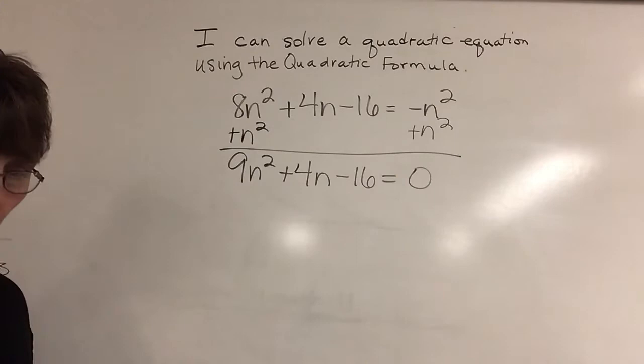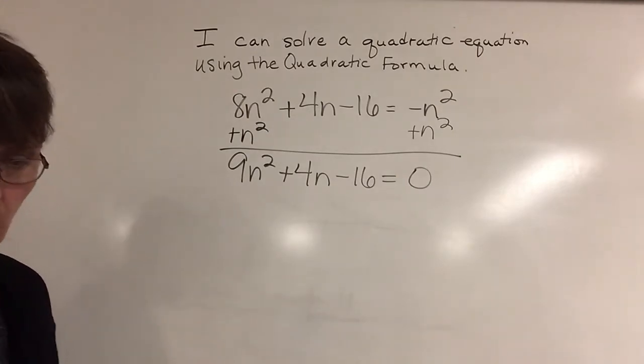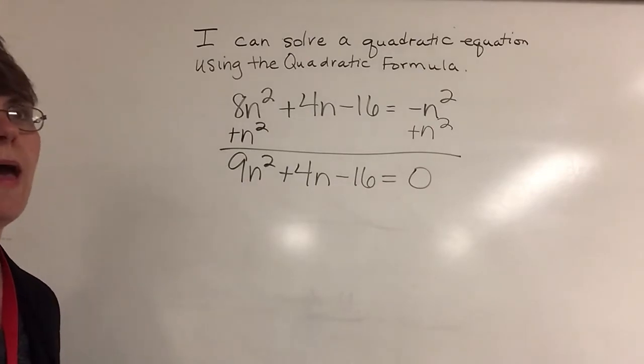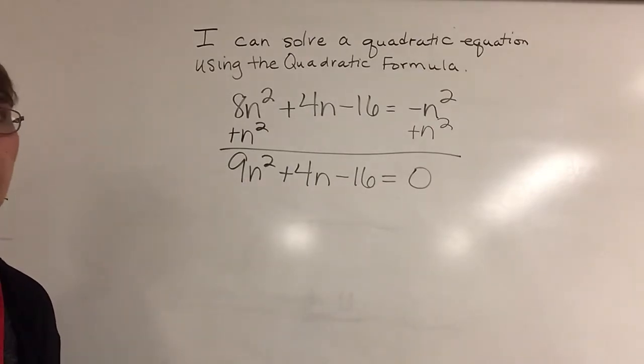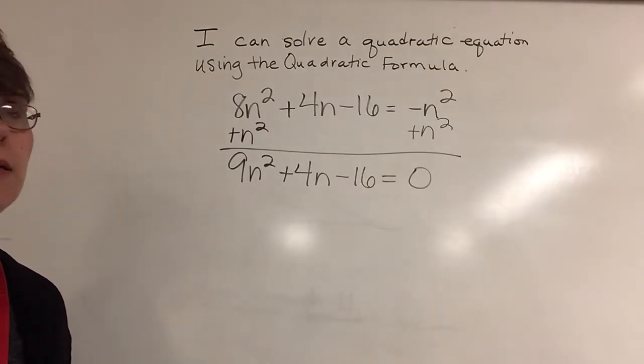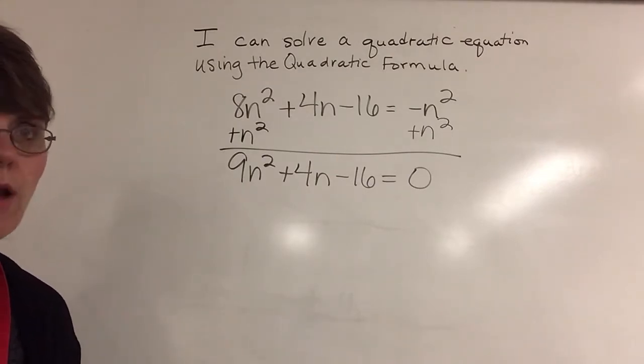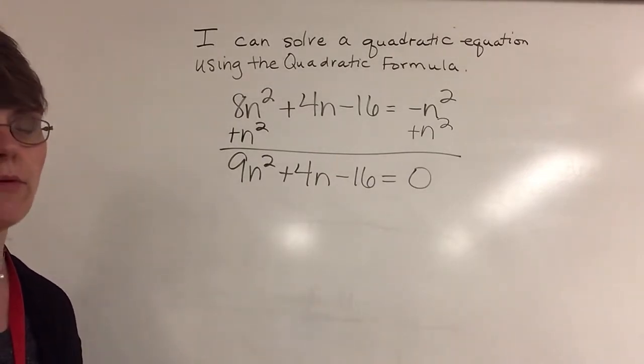Now, when you learned to use the quadratic formula, I think I might have failed to mention in my video that to me the quadratic formula is a last resort. If I can solve this by factoring or taking the square root, I'm going to do that first. If the directions say use the quadratic formula, then I'm going to use the quadratic formula.